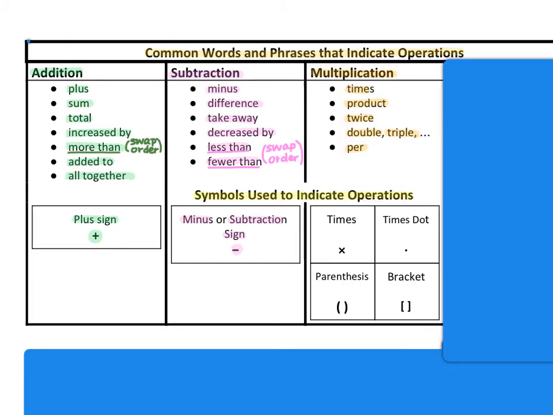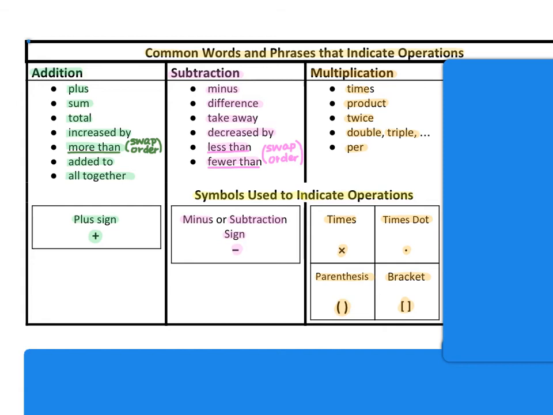Let's move on to multiplication. Here are a few words that tell us to multiply: times, product, twice, double, triple, per. There are several symbols that we can use to show multiplication. The first symbol is well known in undergrad level math. We normally use this symbol, which is the times symbol.